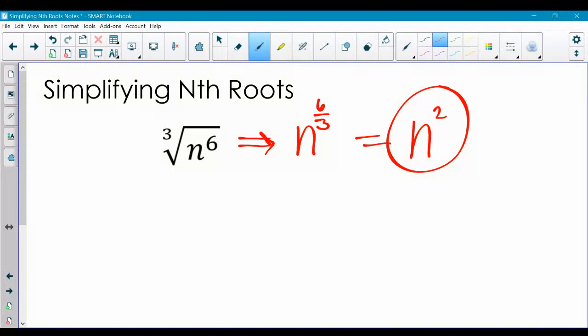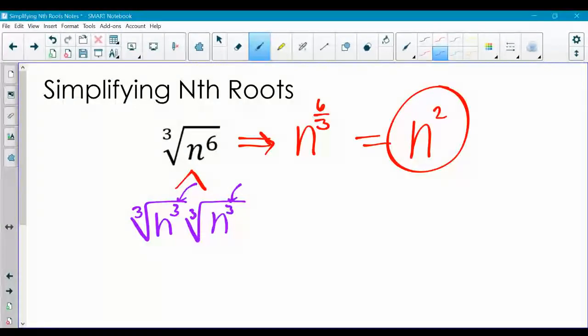However, if we go about it with our roots, what we can do is actually break this into the cubed root of n cubed times the cubed root of n cubed. Because remember, the 3 for the 2 exponents, if we were to add those 2, we get back n to the 6th power.